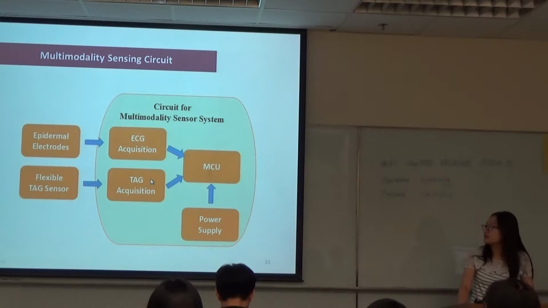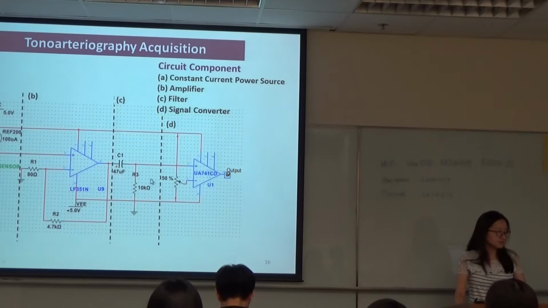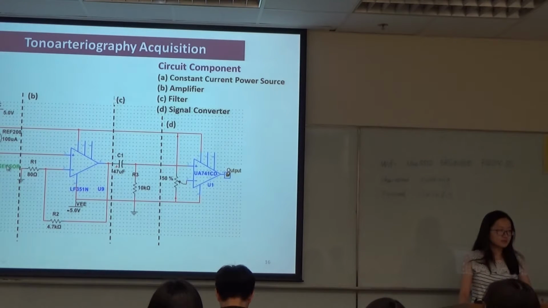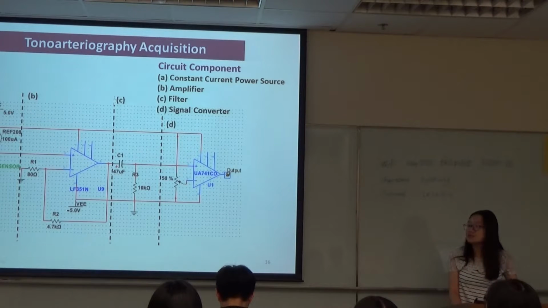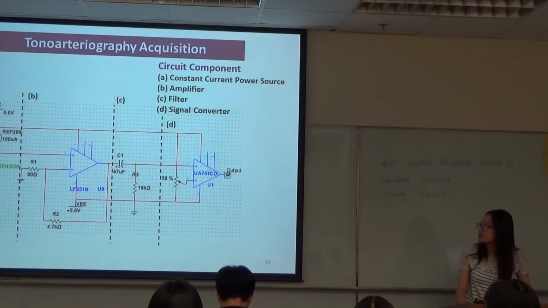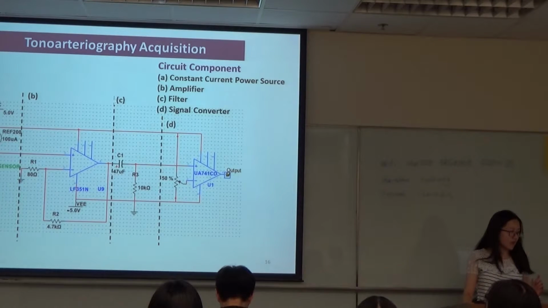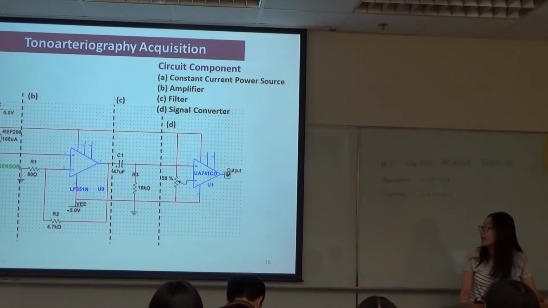Now let's see the TAG acquisition part first. As my groupmate introduced, our TAG sensor is just like a variable resistance. So we use the IEF 2000 chip to provide a constant current of 100 microamps to the sensor.